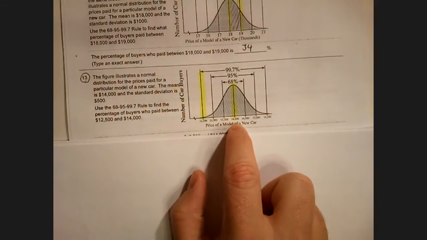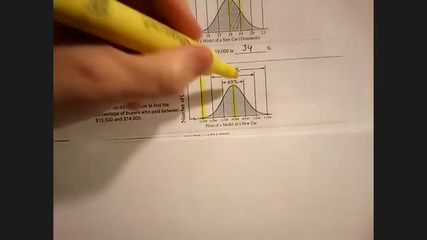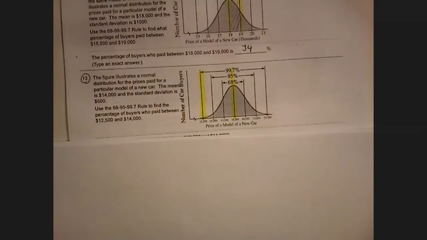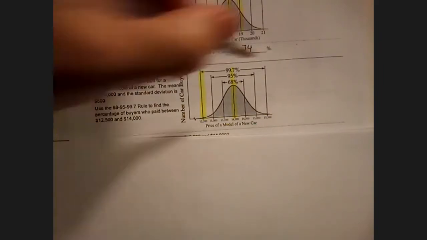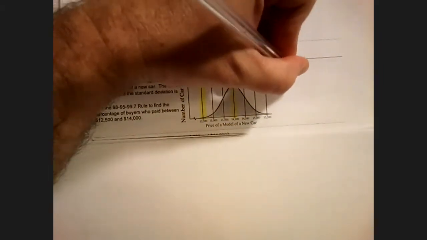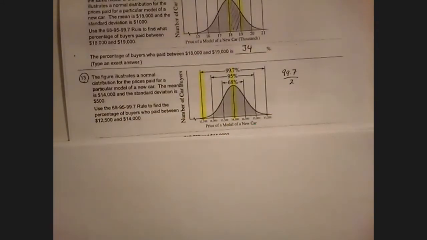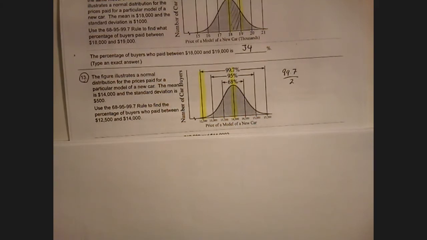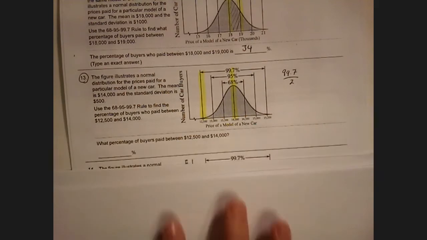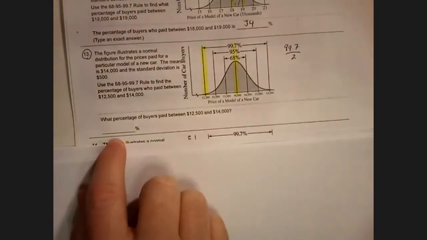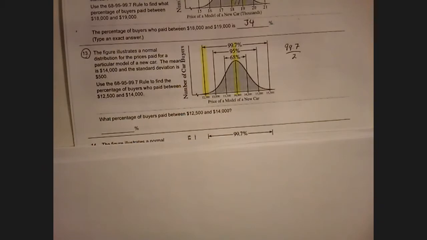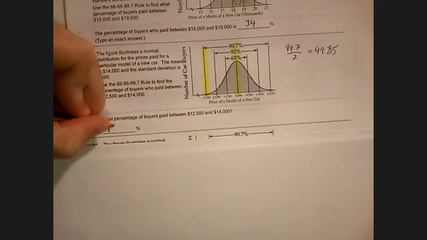The mean here is 14. That cuts through the middle of the 99.7. So we're going to take the 99.7 and divide it by 2. It's approximately 100, obviously, but they don't tell you to round. So we're going to take whatever we get and put the exact number: 49.85.